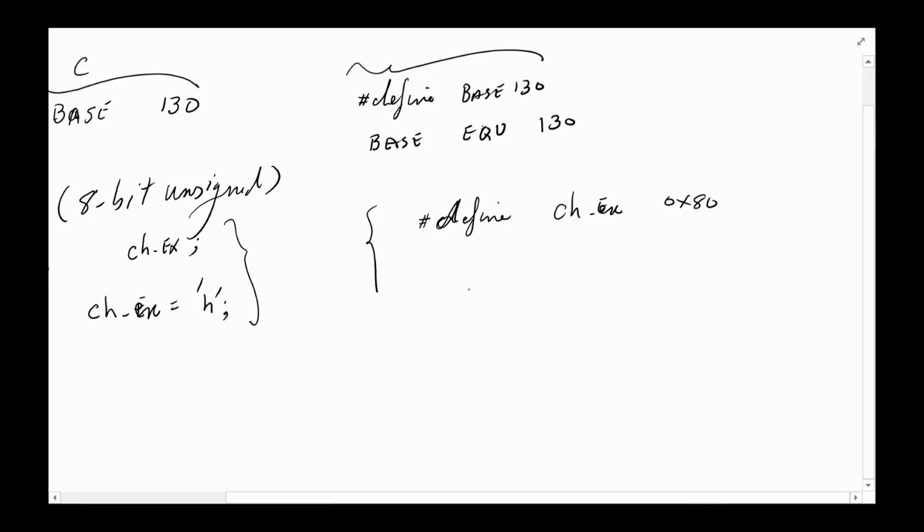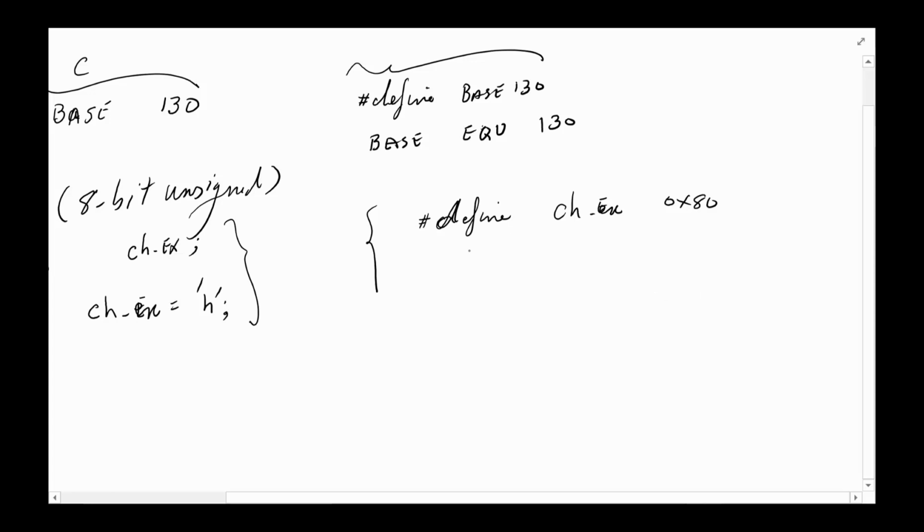And all I'm doing is that at some point I'm putting the ASCII equivalent of H into this location. So if I recall correctly, the ASCII equivalent of H is 68 hex.